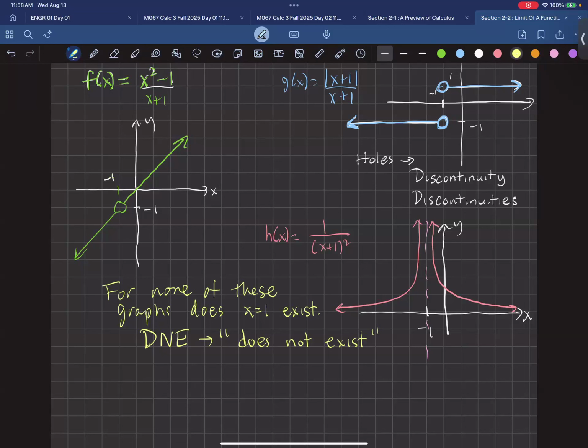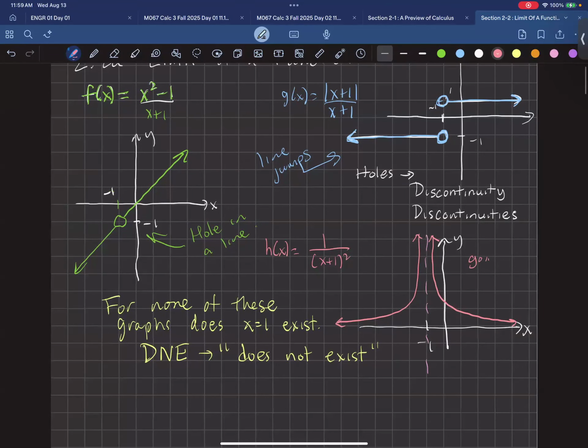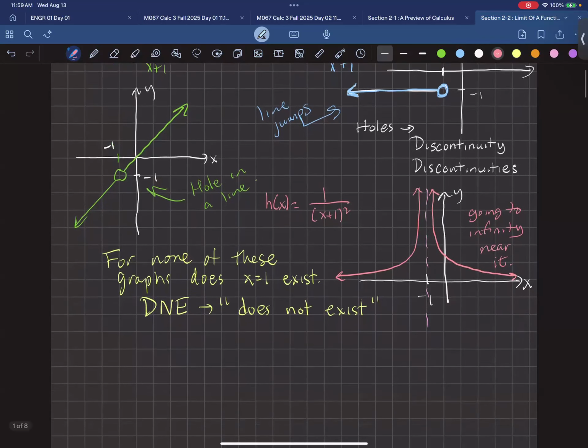But to say these don't exist really doesn't say very much. Like f of x, our green graph right here, it just has a hole in a line. But over here, the line jumps. That looks weird. There we go. And on this one here, it's going to infinity near it. So saying DNE isn't very descriptive.